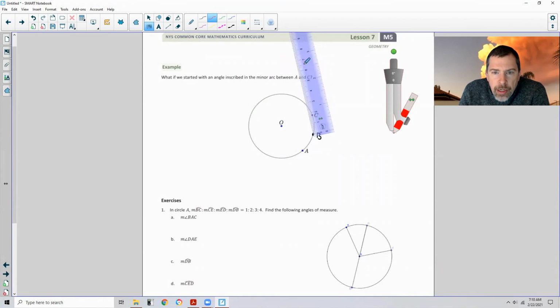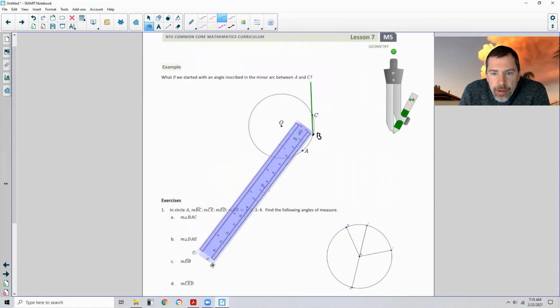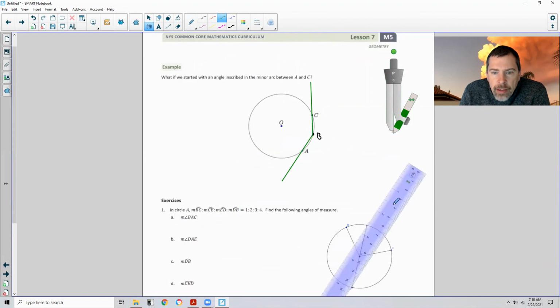Put your ruler on B and line it up with C. I'll use green and draw a line through there. Then I'll rotate around and go through A the same way I went through B. So now we have an inscribed angle that's obtuse on the circle.